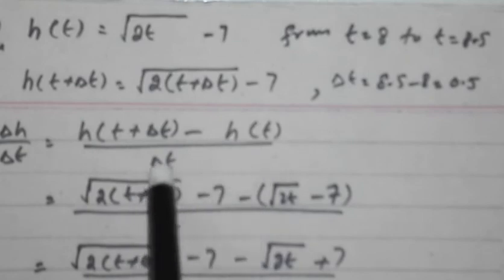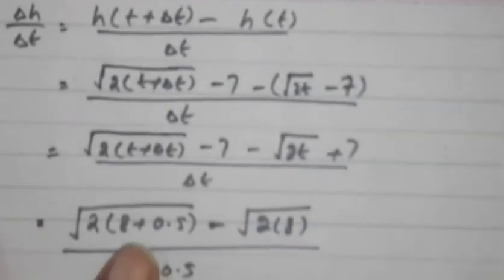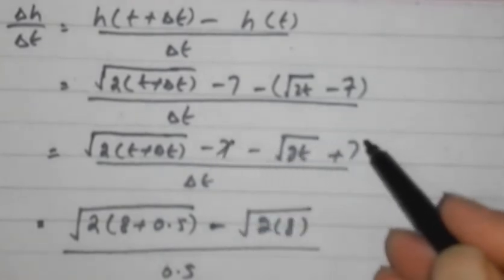So h of t plus del t minus h of t by del t. Put the values of h of t plus del t and minus h of t. Now this minus multiply here, we get minus square root of 2t, minus into minus plus 7. Now look, this 7 and minus 7 cancel with each other.